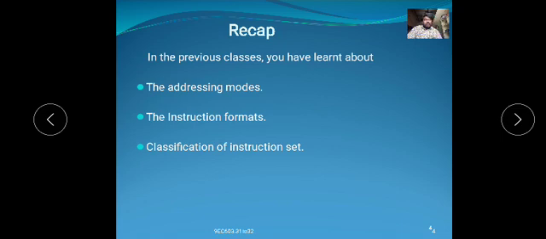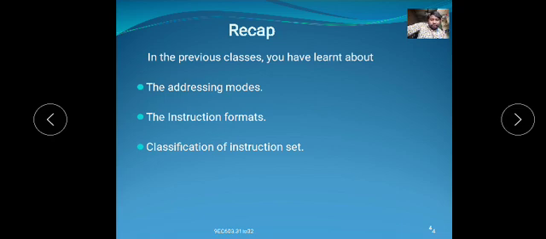The 8051 has 111 instructions. 49 are single-byte, 45 are 2-byte, and 17 are 3-byte instructions.